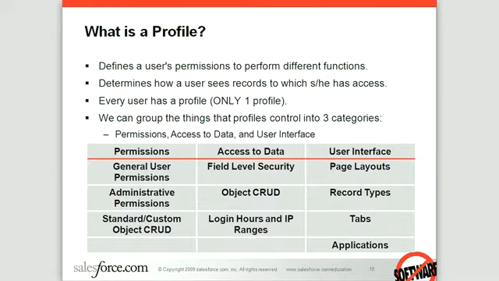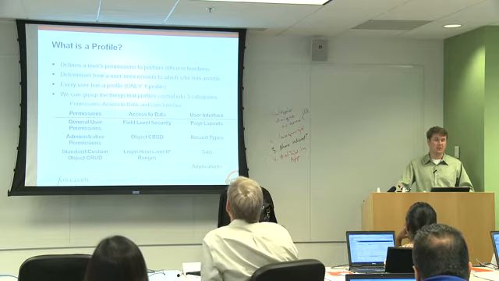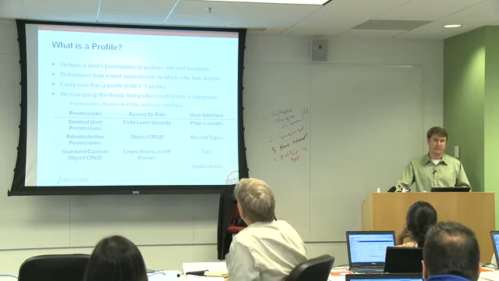You might create multiple profiles and multiple page layouts, and say people with this profile see this page layout, and people with this other profile see this other page layout. So it allows you to perform customization in that regard. Same thing goes for tabs, and different applications: what are the available applications in the drop-down list? There's also something called record types, which also drives the UI, and we'll come back to that when we get to that topic. Okay?